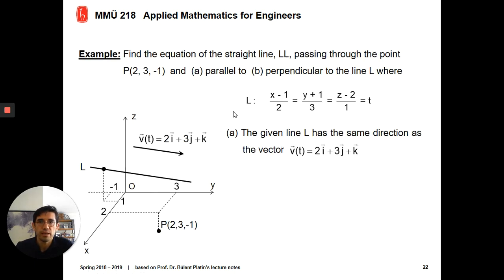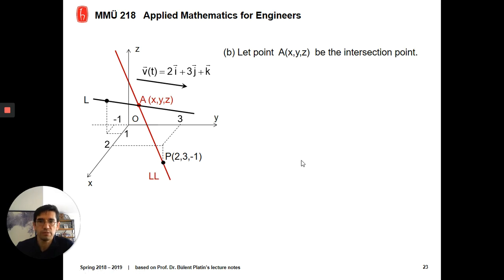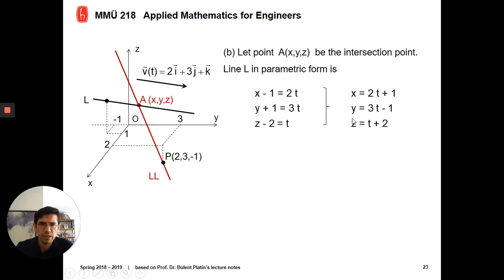I have to find the line that is now perpendicular to the line L. So we need one more step maybe. I need to write the original line L in a parametric way. I can rearrange the terms for x, y, z components.